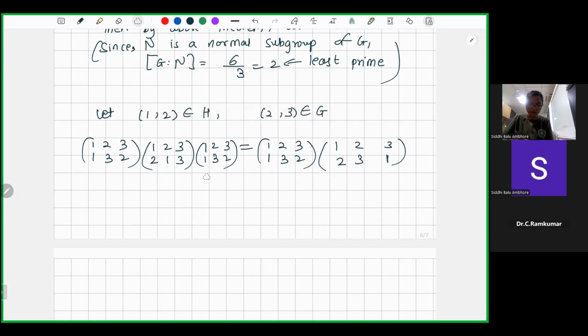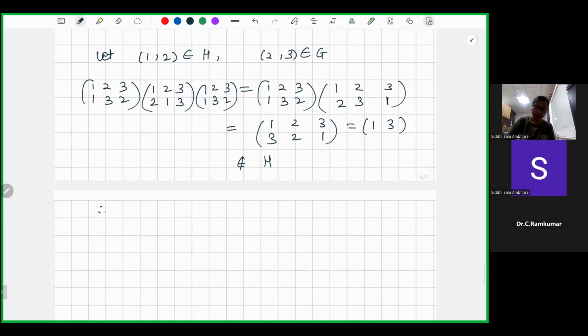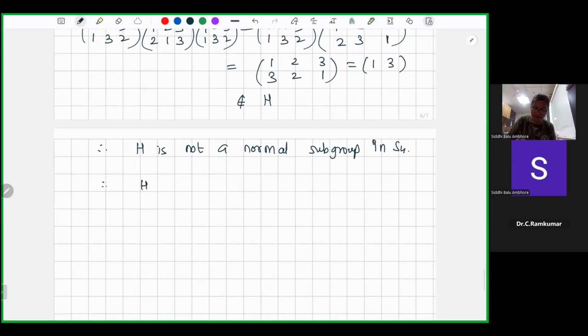Let us check what we get: 1 goes to 2, 2 goes to 3, and the moment I have this, it does not belong to my H, right? Let me write this completely. 2 goes to 3, 3 goes to 2, and so this is (1 3), which does not belong to my H. Therefore, H is not a normal subgroup in S4.